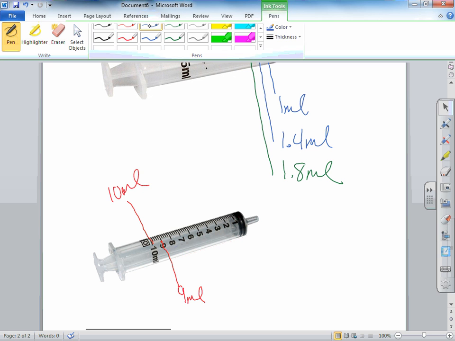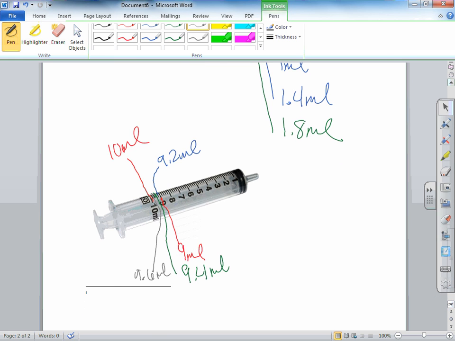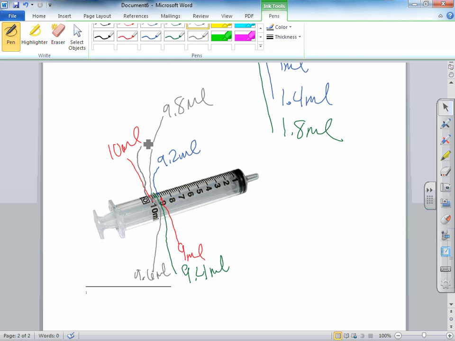So the next line under 9 is 9.2 milliliters. The next line after that 9.2 is 9.4 milliliters. The next line after that 9.4 is 9.6 milliliters. All right. And then the next line after that 9.6 is 9.8 milliliters. And then, of course, you get to 10.